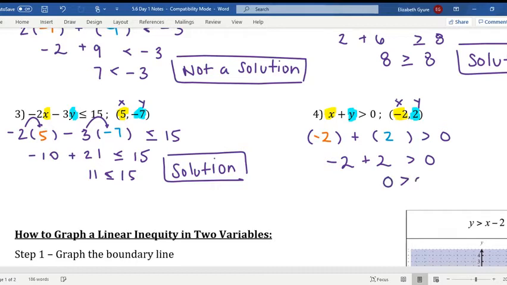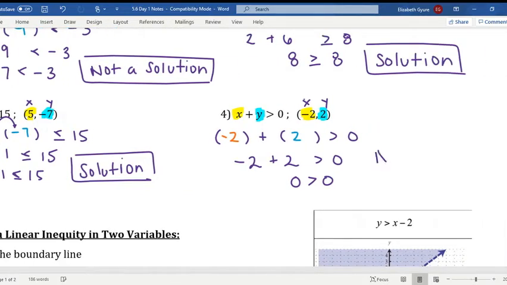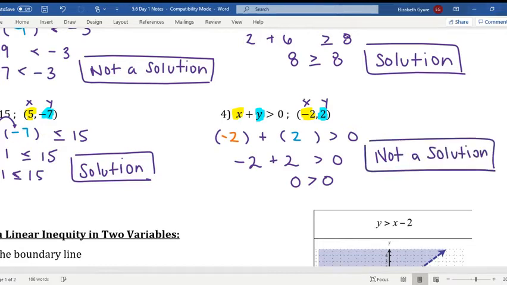Yep. And is 0 greater than itself? No. 0 is not greater than 0. You would need the or equal to underneath. So this one is not a solution. Good. Any questions about that, guys?